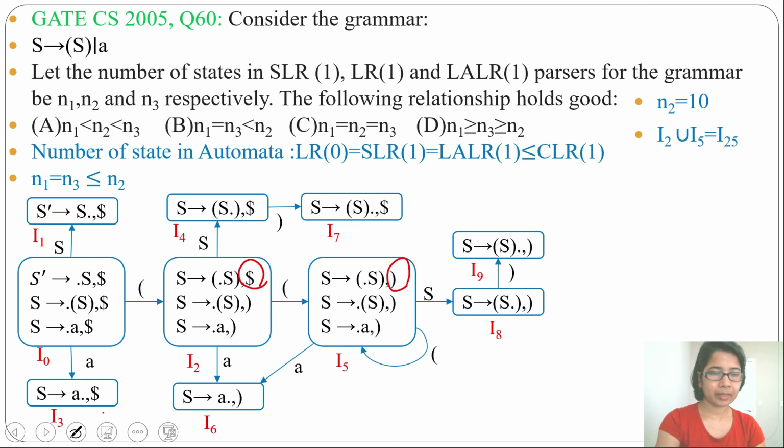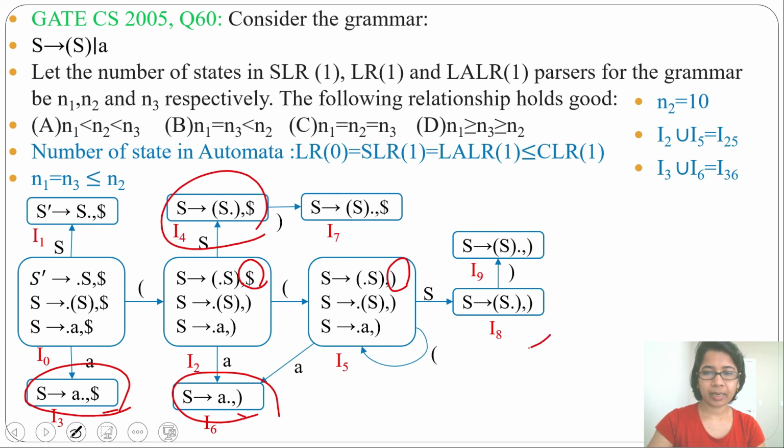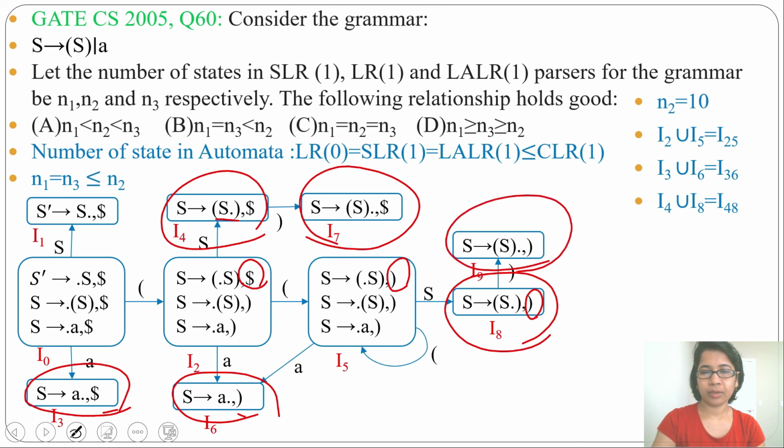Next I3 and I6, these two states can merge. Next I4 state and I8 state, both have the same production, just look ahead is different. So these two states can be merged. Next I7 and I9, both have the same LR0 item, just look ahead is different. So I7 and I9 can be merged.